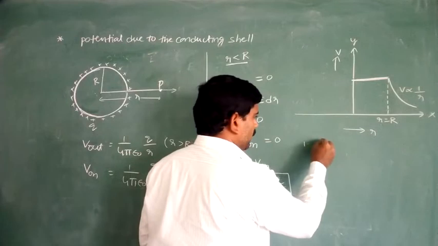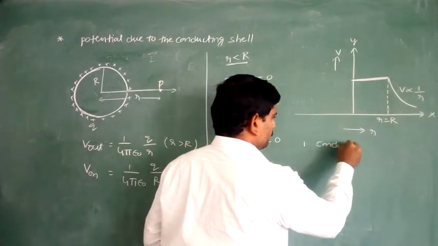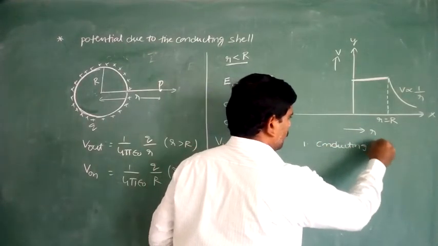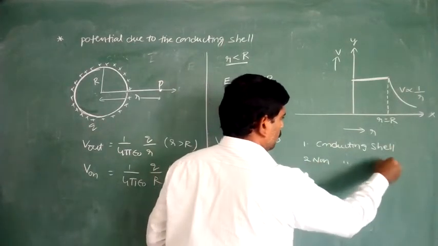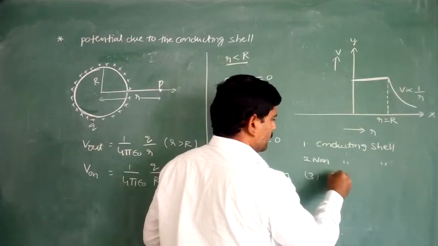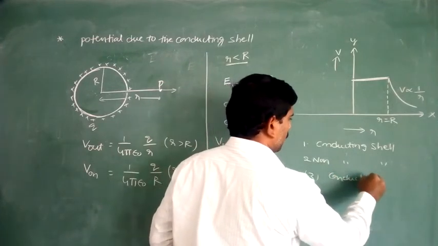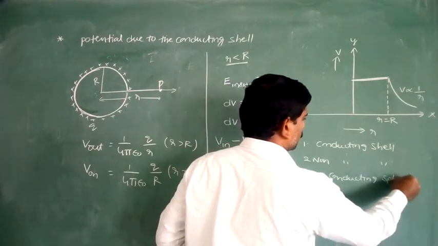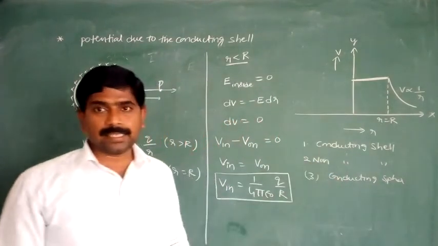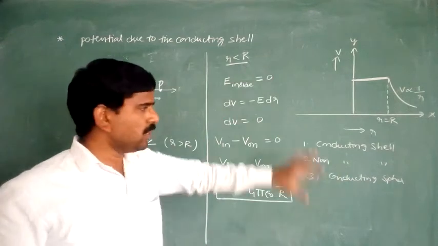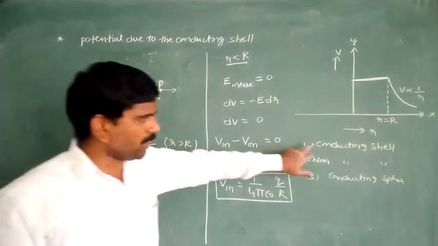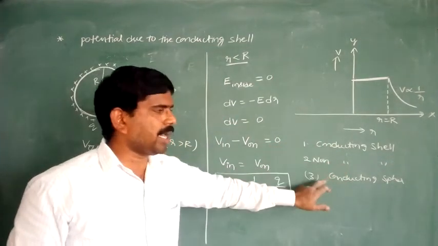First one for the conducting shell, second one non-conducting shell, third one conducting sphere. In these three cases, charge is distributed on the surface. These expressions hold good in conducting shell, non-conducting shell and conducting sphere.